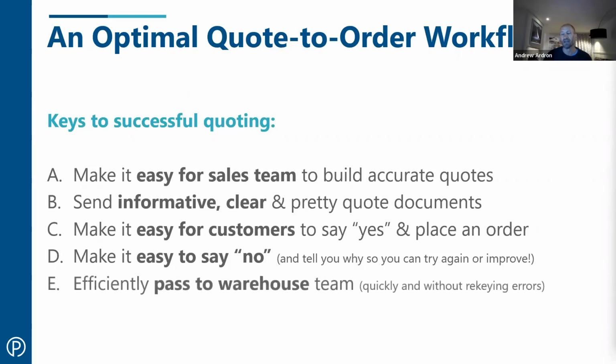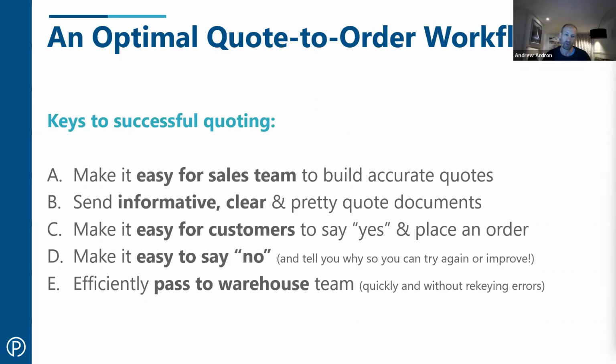And then the final thing is, obviously, once you've got this order, you want to ensure that it's passed efficiently to your warehouse or your operations team. And you want to do that really quickly, without fuss, and without creating any rekeying errors. That's partly to save you the admin, but it's also part of the customer experience.